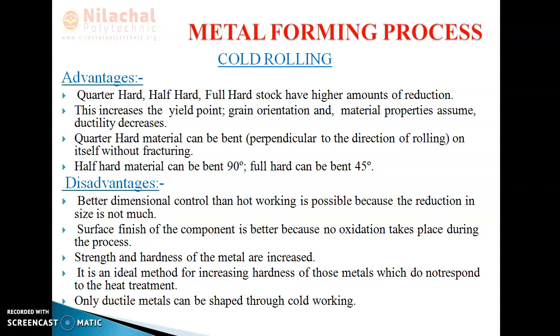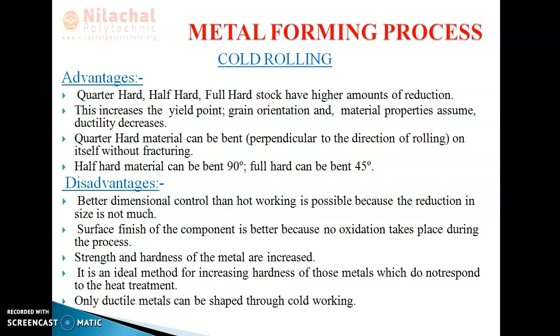Number 3, bending perpendicular to the direction of rolling is possible without fracture. That means fracture is also less. Half hard material can be bent up to 90 degrees, full hard can be bent up to 45 degrees. These are some advantages of cold rolling. Some other advantages: ductility reduction is not possible. The roll surface is also smooth.